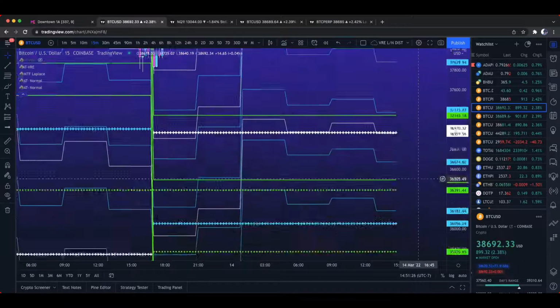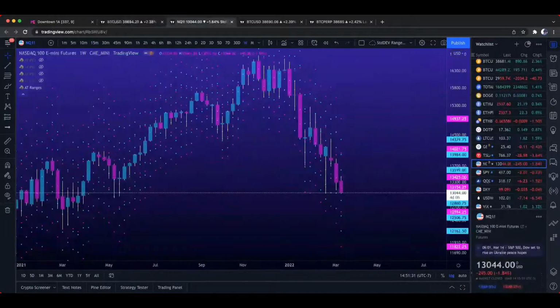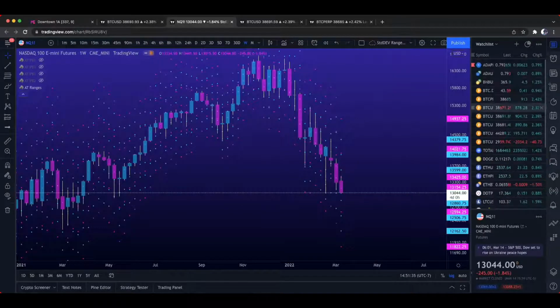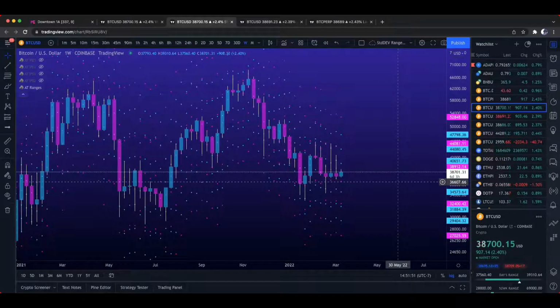The weekly's at 35.770. If Bitcoin were to keep up, or if everything was going to do similar, you're going to see Bitcoin come down here and test the 68.3.